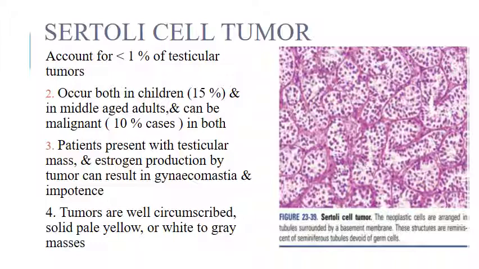Tumor is well circumscribed and pale yellow in color. On microscopy, the tumor consists of neoplastic cells arranged in the form of tubules surrounded by basement membrane, and those cells have clear cytoplasm.